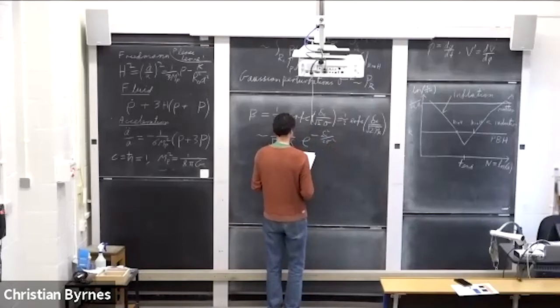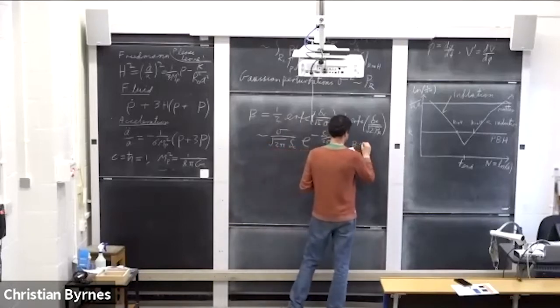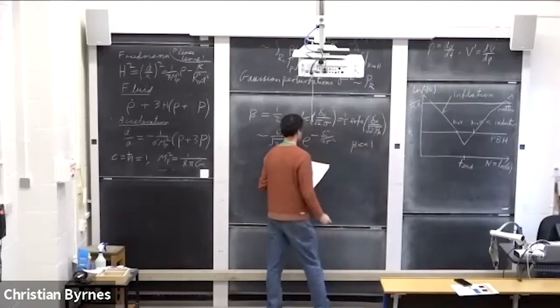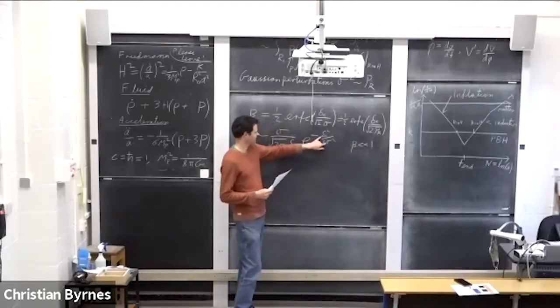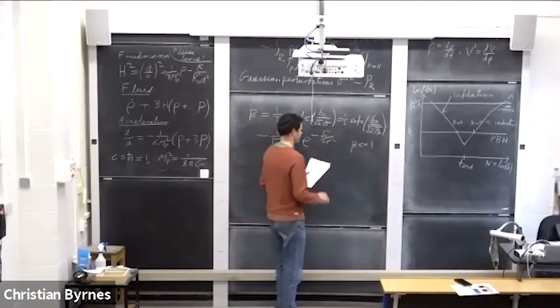and this is true in the limit that beta is much, much less than 1, which is equivalent to saying that this argument here is greater than 1. So sigma squared should be much less than delta critical squared.